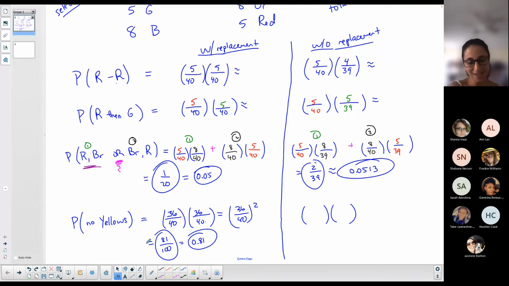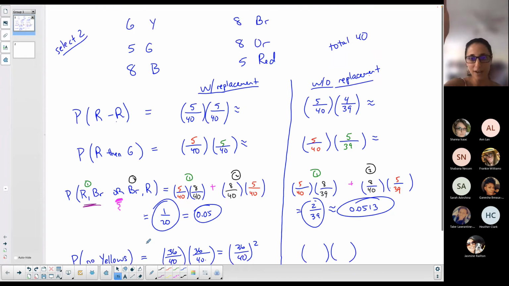Yeah, you know why it makes sense? Because only 6 of them are yellow out of 40 total. So I would say it's likely that I go and I pick 2 out of this bag and I get non-yellow, non-yellow. It doesn't matter what the other color is. It's just not yellow. Could be blue, could be red, could be whatever else I have here. Orange. Are there orange M&Ms? I don't even remember.